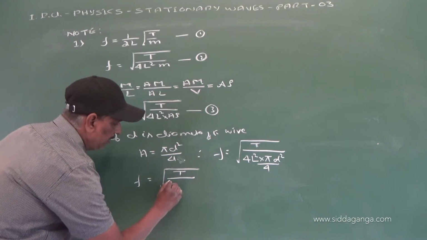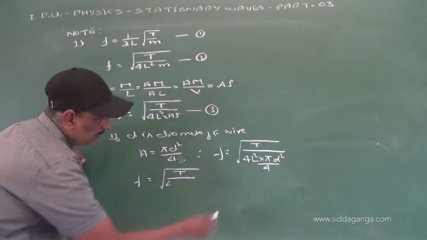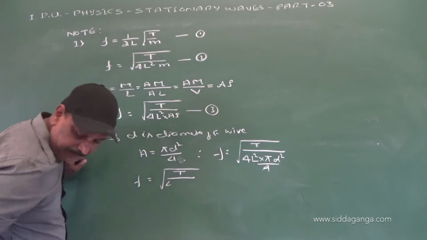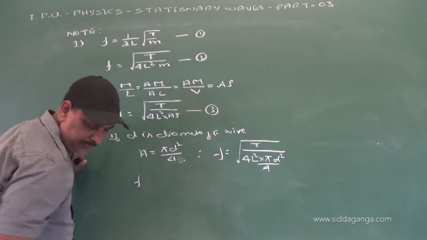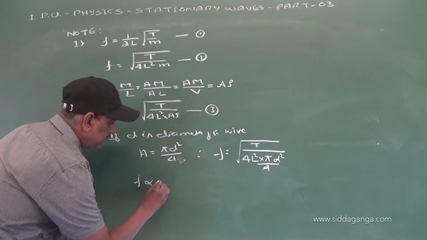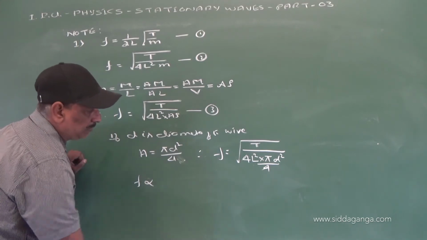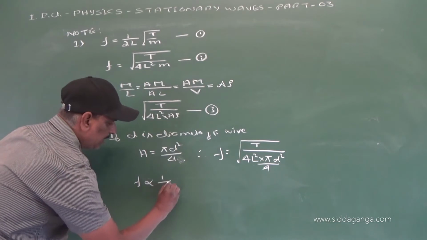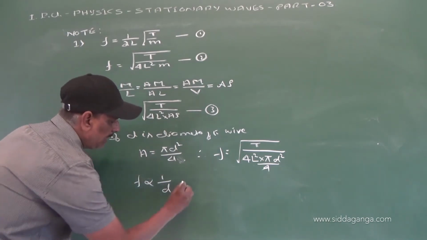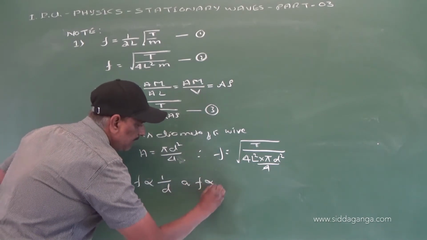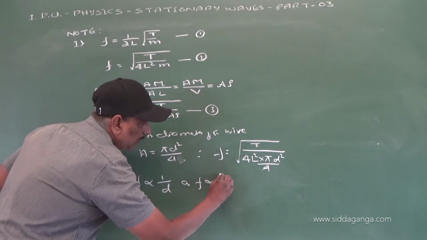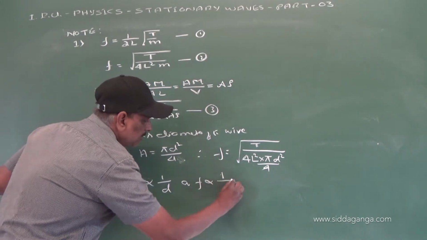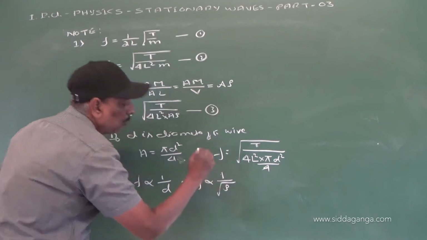Here the 4 gets cancelled, so we can write the fundamental frequency is inversely proportional to d, that is 1 by d, and fundamental frequency is proportional to 1 by square root of rho.